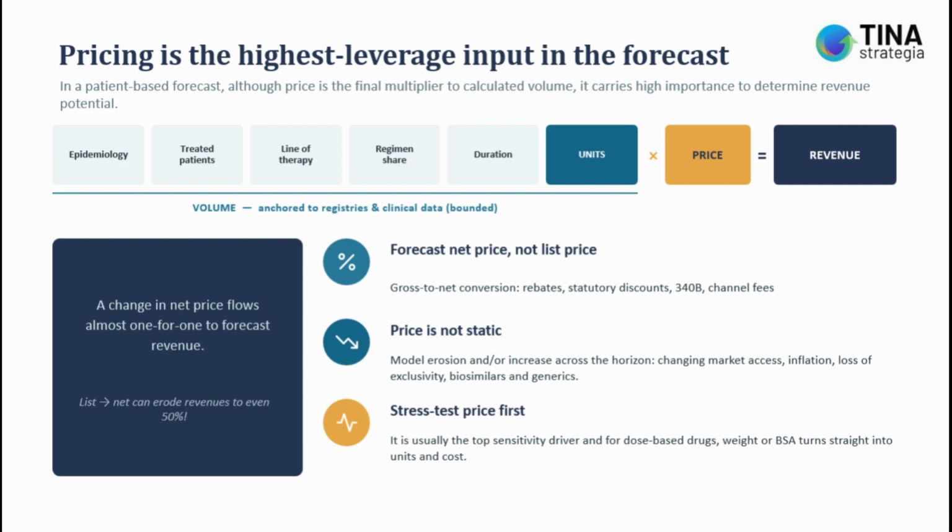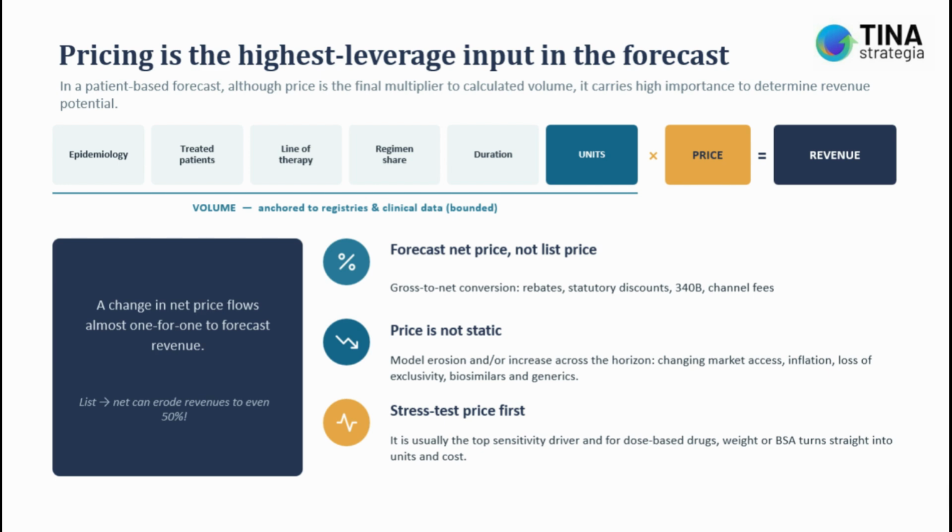Now let me define 3 things about price that this audience especially needs to know. These 3 boxes on the right are the concepts people most often get wrong. First, forecast the net price, not the list price. What's the difference? The list price, sometimes called WAC, wholesale acquisition cost, is the official sticker price of the drug.